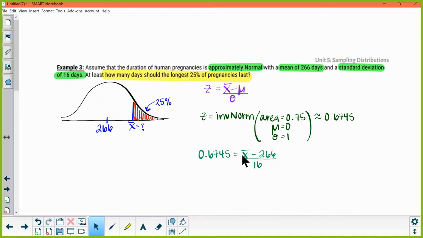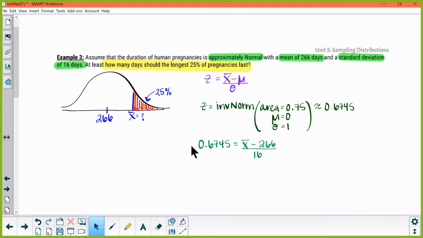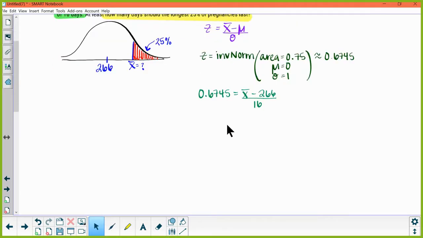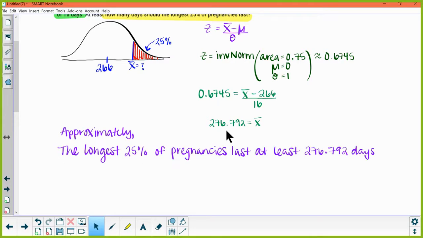0.6745 is equal to x bar minus 266 over 16. And then I'm going to get that x bar is approximately 276.792, which means that approximately the longest 25% of pregnancies last at least 276.792 days.